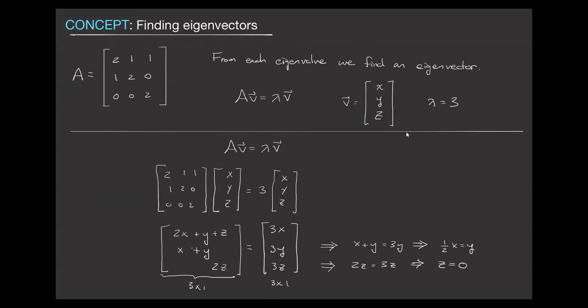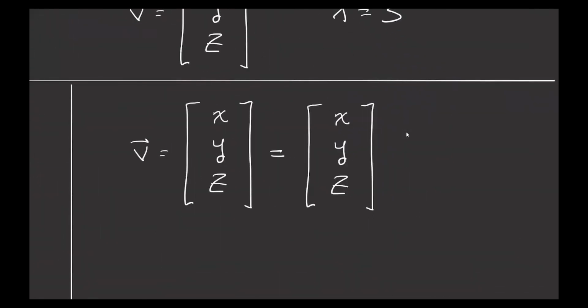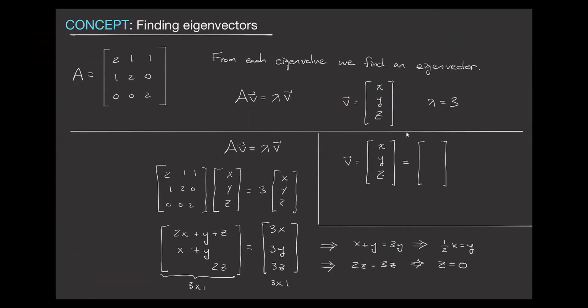Now, what we've done is we've found out some information about the entries of V. We said that V, of course, is just as I've written up here, which I can even just copy. It's going to be X, Y, Z. Okay, well, what do we know about these values now? We know that Y is equal to 1 half X, and we know that Z is equal to 0. So we can substitute those things. I'm going to zoom for a second just to erase. We can just leave X as itself.